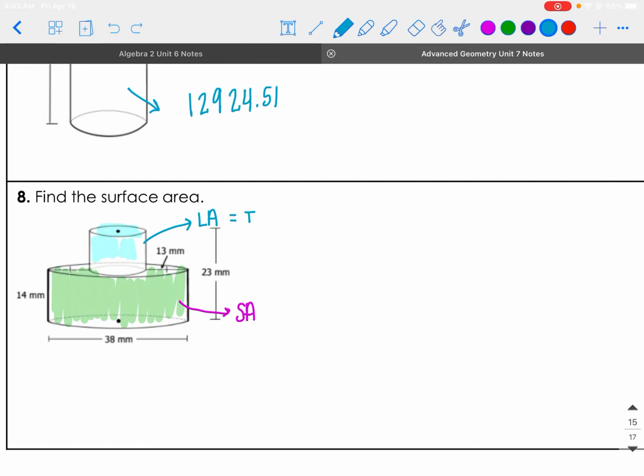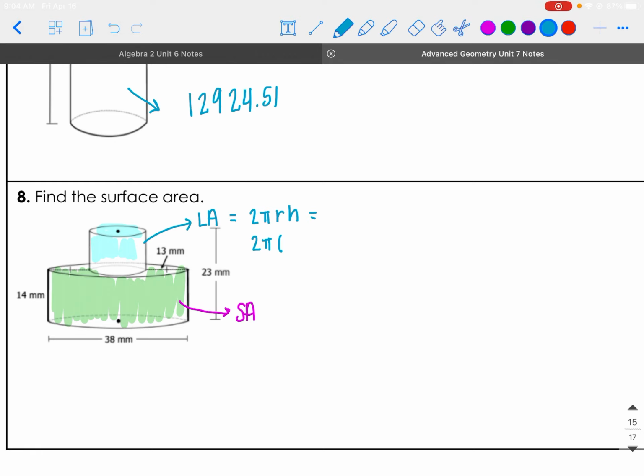So this is 2 pi r h. Is that right? Second guessing myself here. Yes, 2 pi r h. So 2 pi. All right, here's another thing. The radius.